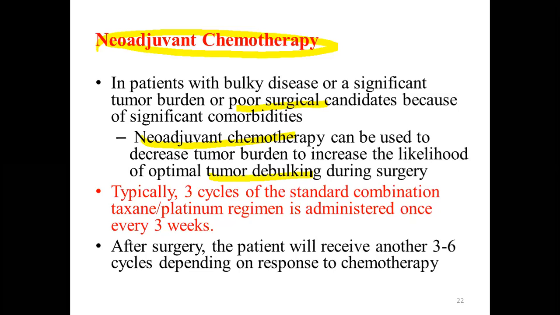So the recommendation is you give 3 cycles of taxane plus platinum, once every 3 weeks. After you give 3 cycles of this combination, that is when you are going to consider surgery.